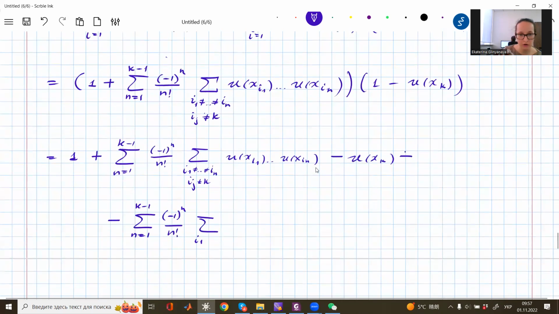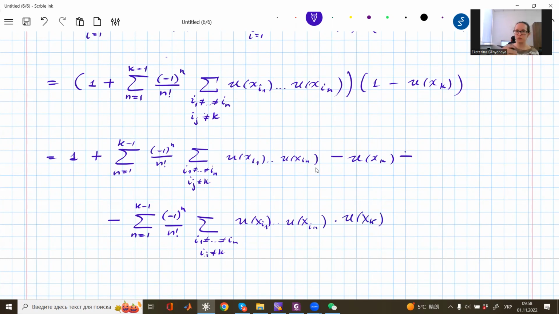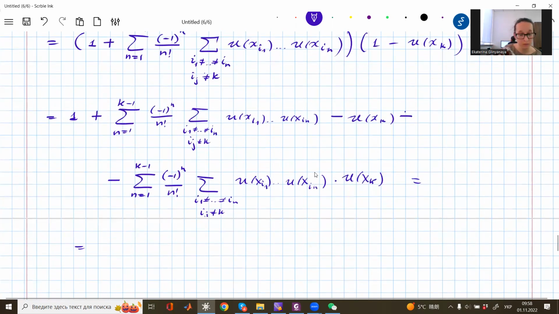And now here the same, but this is times u of x_k, on u of x_i n times u of x_k. So we just need to reorder these terms, and you can see that actually we have the answer, but you just need to put them together.